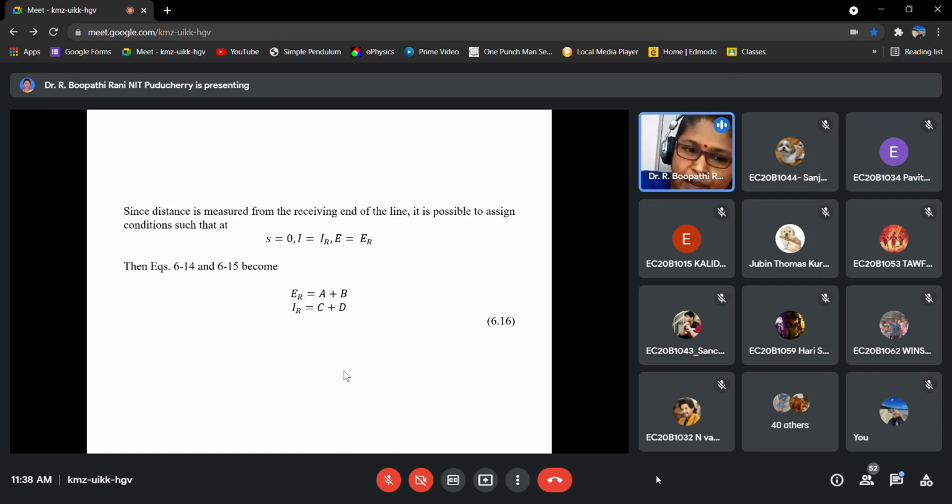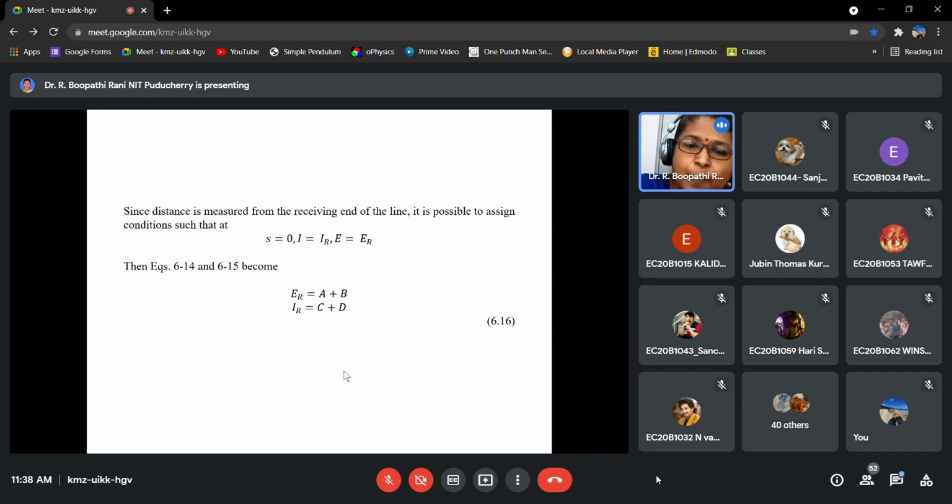Now we need to find the arbitrary constants A, B, C, D value. So for that, we are going to apply some boundary conditions. Since distance is measured from the receiving end of the line, it is possible to assign conditions.